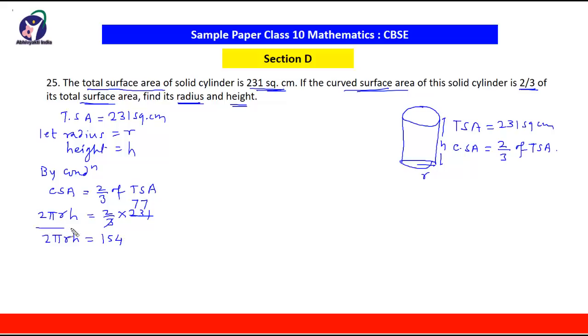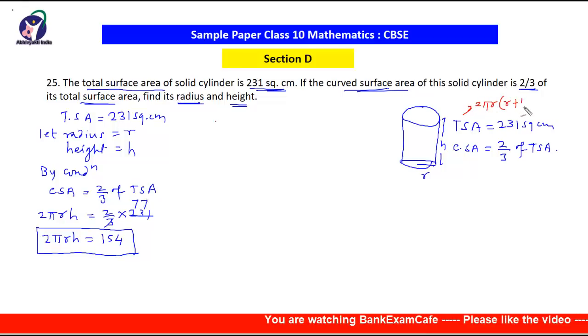Highlight this, this is the first step you have got: 2 pi rh is equal to 154. Now we will go for the second step. We know that the total surface area is 231, and this is given by the formula 2 pi r into bracket r plus h.